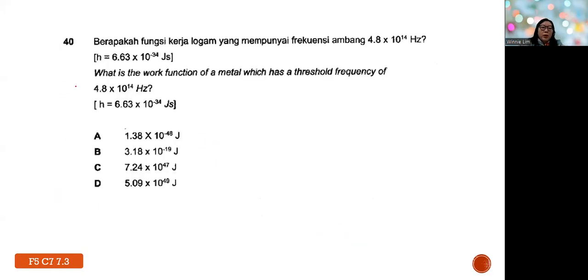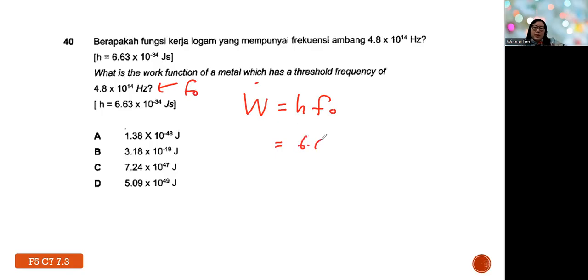Last question. What is the work function of a metal which has a threshold frequency of 4.8 times 10 power 14 Hertz? So the relationship between work function and the threshold frequency is hf naught. So if you know the Planck constant and the threshold frequency, then you can get the work function.